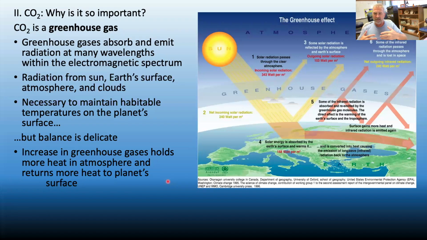If you have more energy coming in than going out, you have warming. If you have more energy going out than coming in, you have cooling. Optimally, you have a temperature like we have today, which allows us to farm, for instance. That is stable, in homeostasis, that balance is in homeostasis.